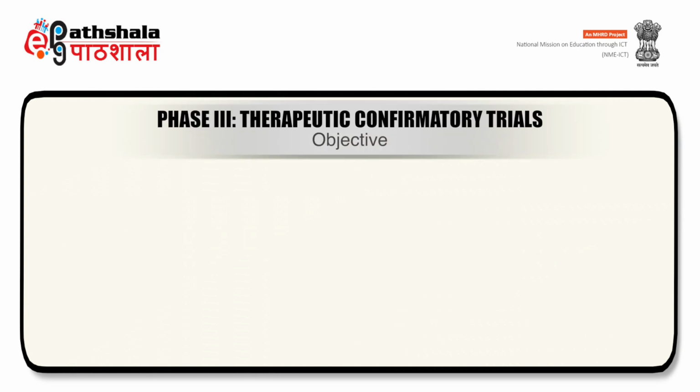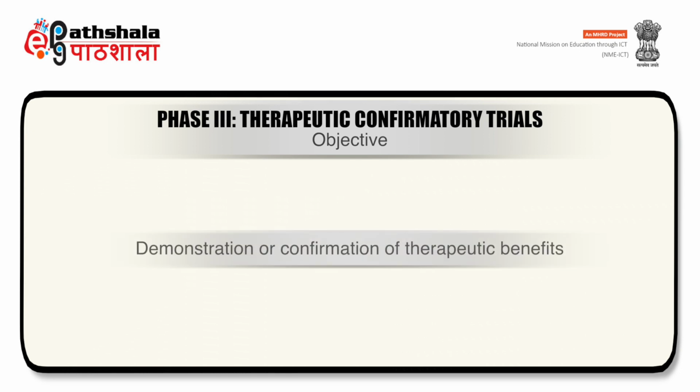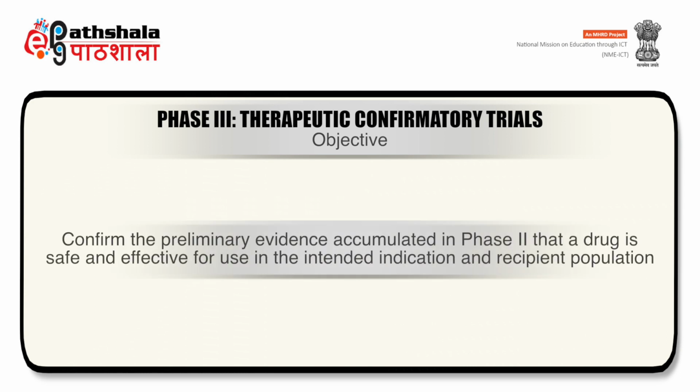Coming to the objectives of phase 3 clinical trials. They are basically performed in order to demonstrate or confirm the therapeutic benefits of a new drug. These trials confirm the preliminary evidence accumulated in phase 2 trials that a drug is safe and effective for use in the intended indication and recipient population.